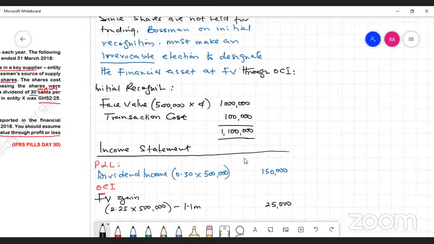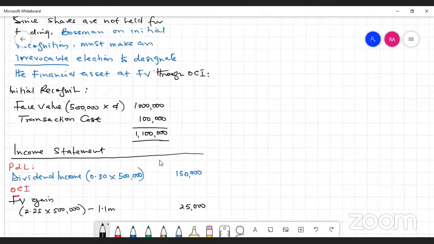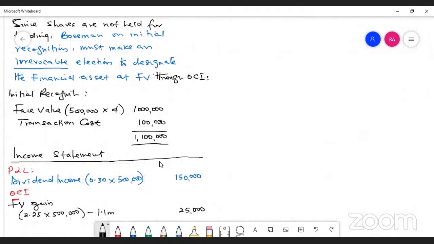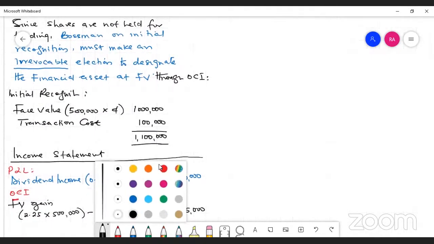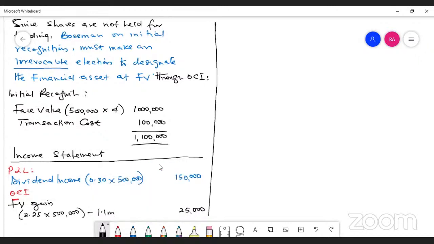In the statement of financial position, we just show the 1,125,000 as a financial asset. Remember to be bringing the Ghana cedi, so it's very important.